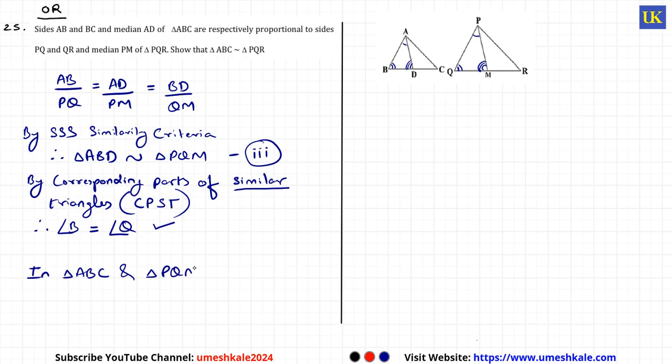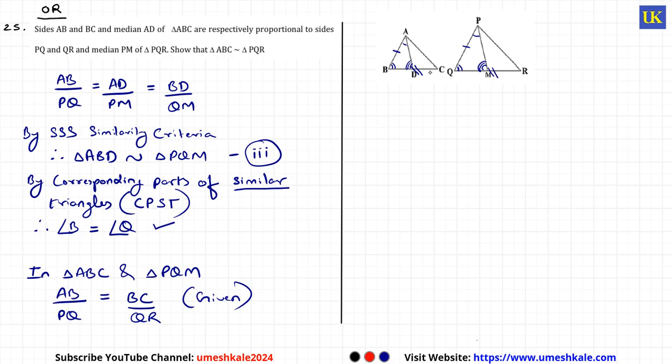Now in both these main triangles, I will say that AB upon PQ is equal to BC upon QR. This is as per given, because it is given. On our last page you can check that AB upon PQ is equal to BC upon QR.